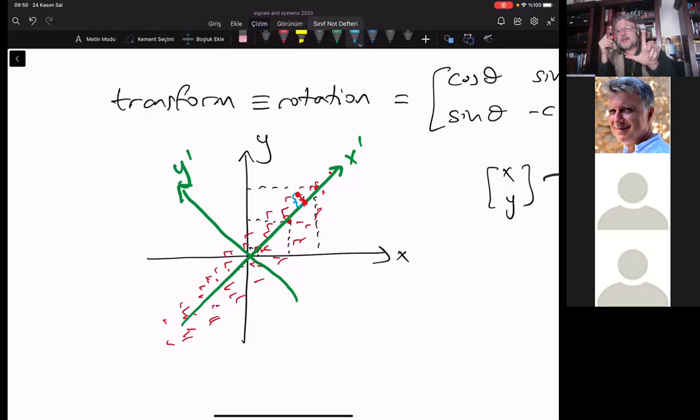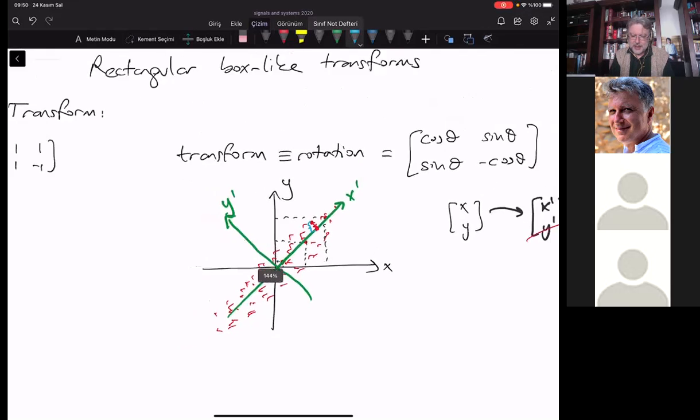So this is transpose symmetric. And we are also assuming that the variance of x and the variance of y are the same. One of them is not significantly larger or smaller than the other one. That makes only 45 degrees reasonable rotation.